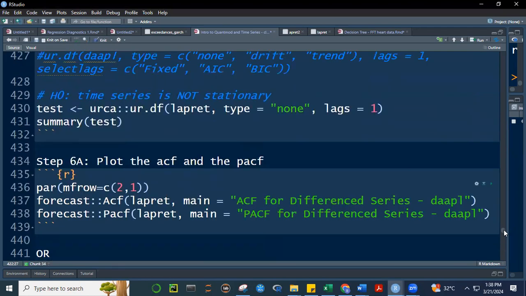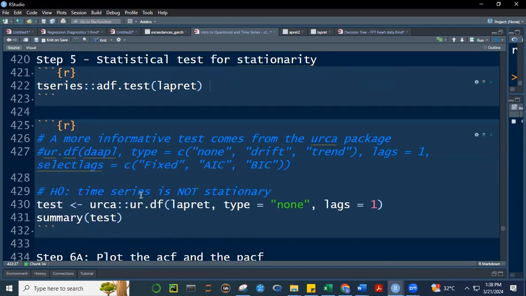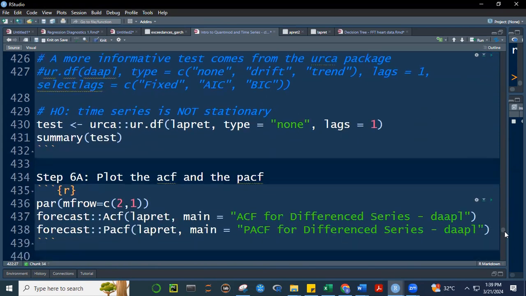We did this just a while ago. Sinare ko sa inyo itong code na to. Hindi ko na isi-share ulit, ha? We saw that even at the 1%, the 5%, at the 10% level of significance, significant yung test natin. We conclude that our time series is stationary.